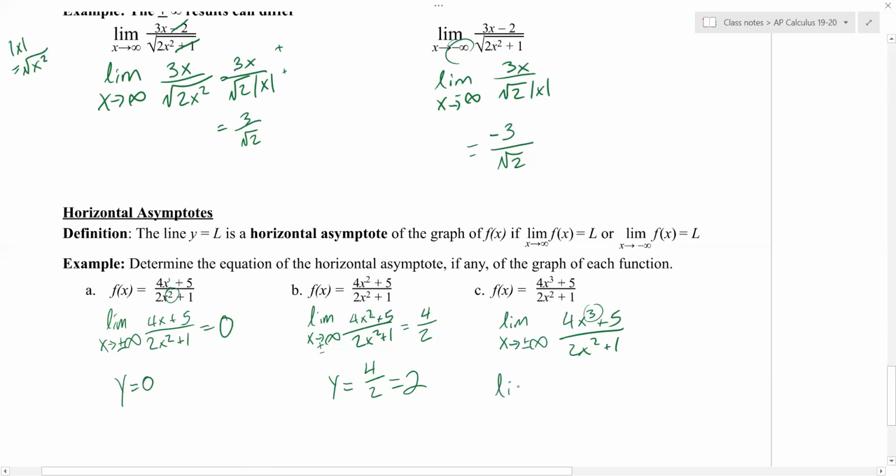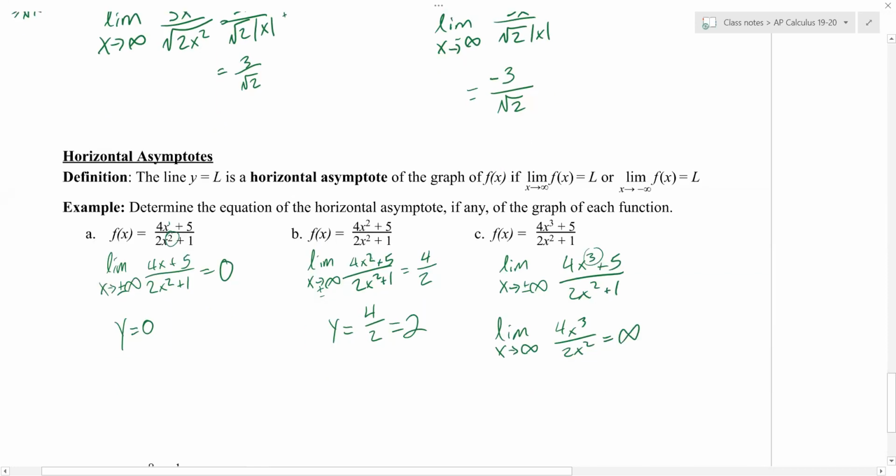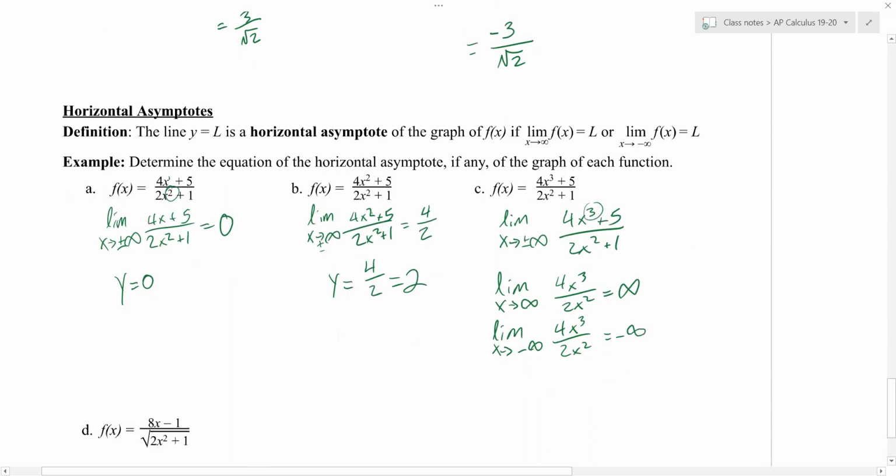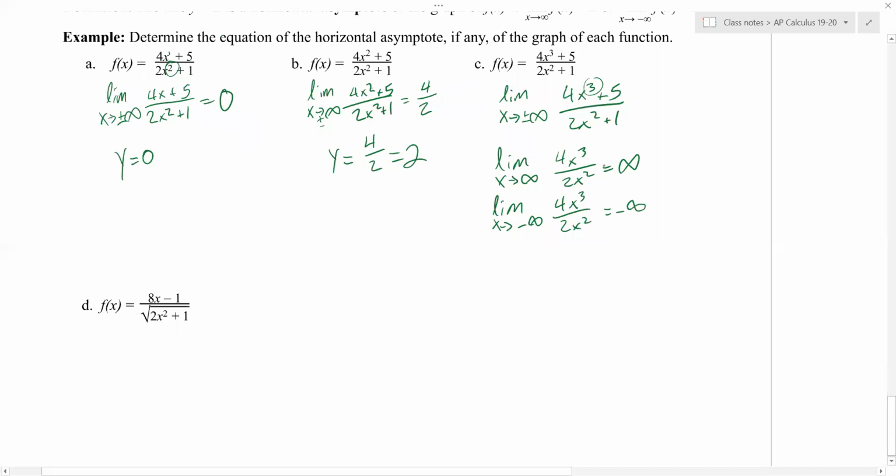So the limit as x approaches positive infinity of 4x cubed over 2x squared is infinity, and the limit as x approaches negative infinity is negative infinity. Going back to our horizontal asymptote, if we have positive or negative infinity, that means there is no horizontal asymptote.